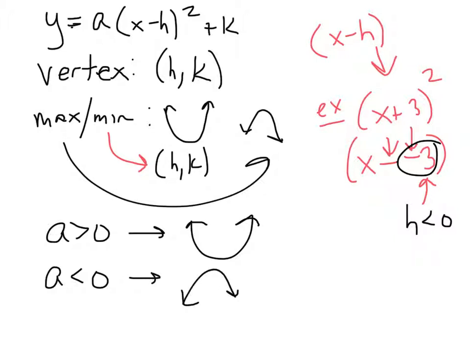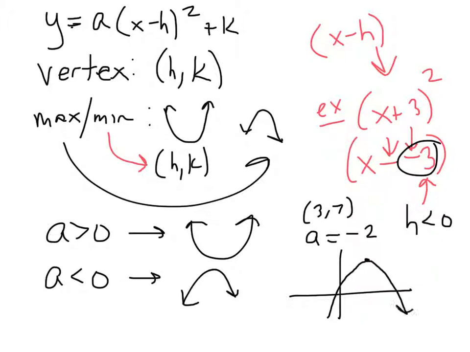So if you can figure out that your vertex is (3, 7), and your a value is negative 2, a rough sketch of this graph would have (3, 7) as your vertex, and you know it has to go that way. Now that's very, very rough. The best way to graph that more accurately would involve either making an XY table or to use more specific information that we'll come up with later.